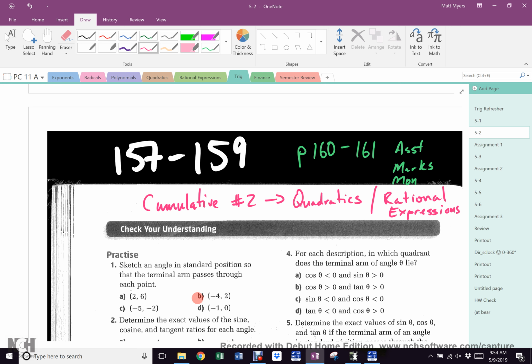Me. Everybody good? Now, what if you feel, you know what, I got this trig. I am aces. I'm ready to go. Could you go ahead and start on page 161? Of course you could. Let's say I got this trig so well, I'm not even going to look at 161 until 9 o'clock Sunday night. Because that's when most of you, if you do it, are going to do it.